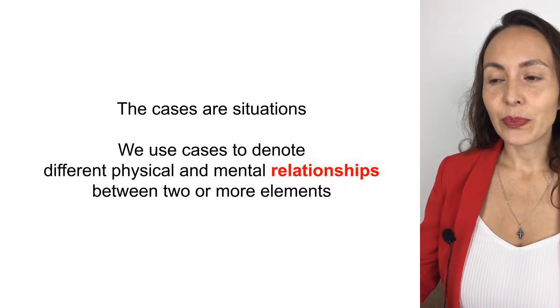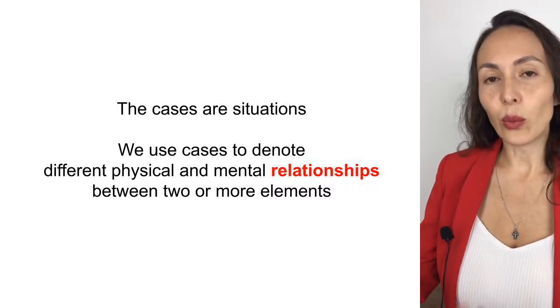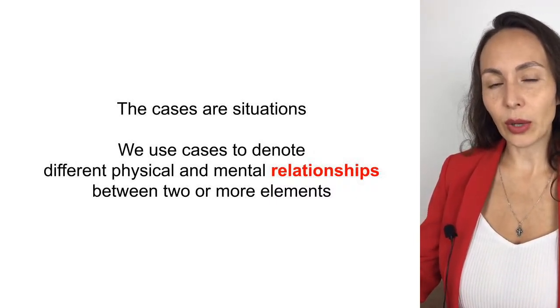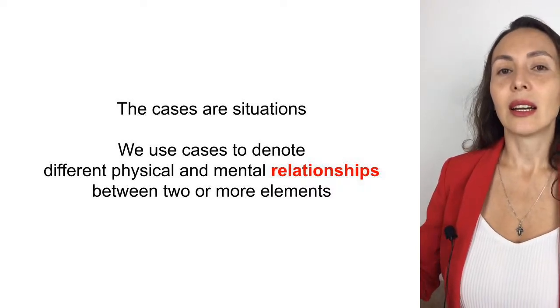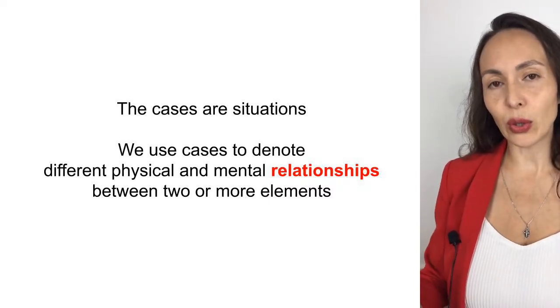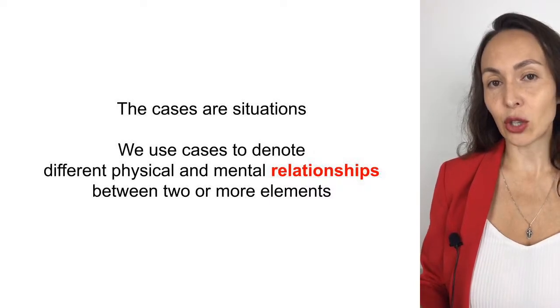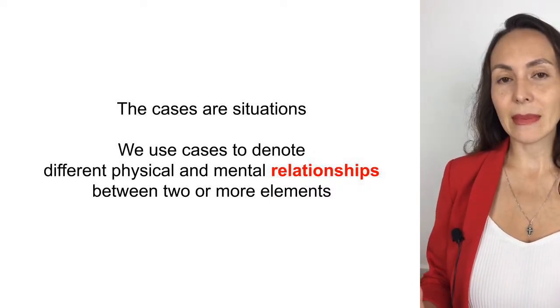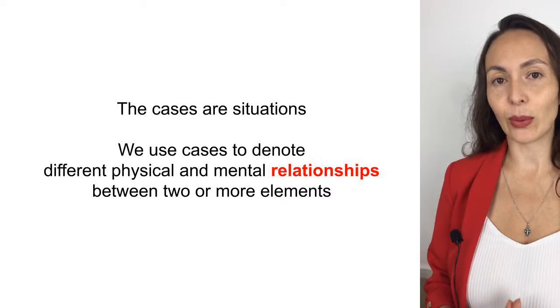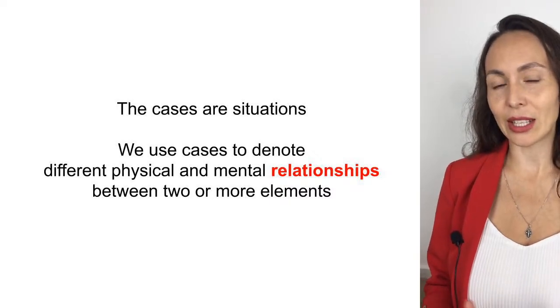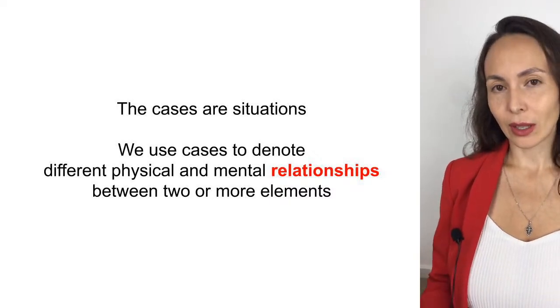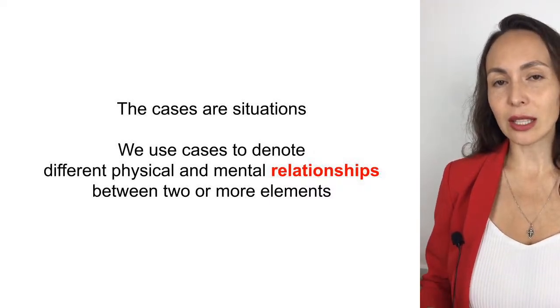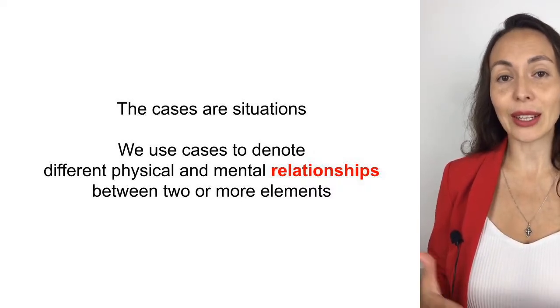So, in Russian, we have 6 cases, right? All of you, I hope, and I'm sure, all of you know these cases. It's nominative, accusative, locative, genitive, dative, and instrumental, right?